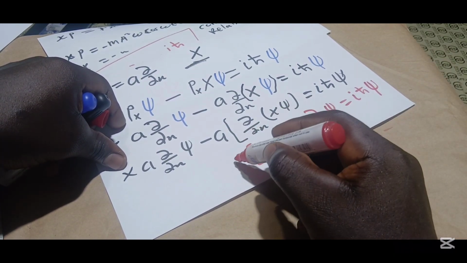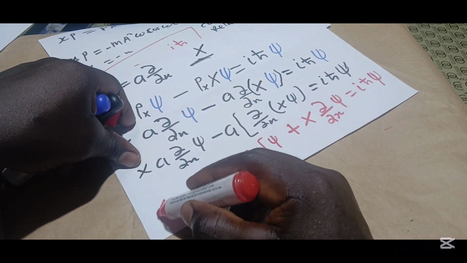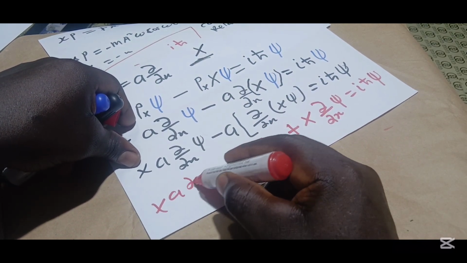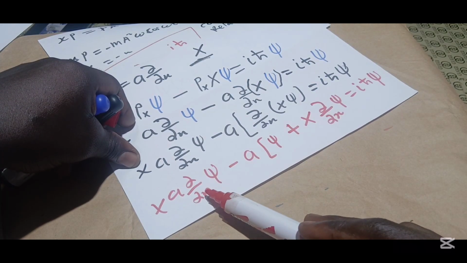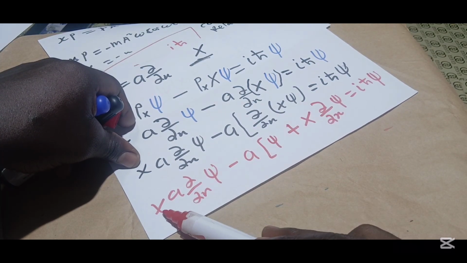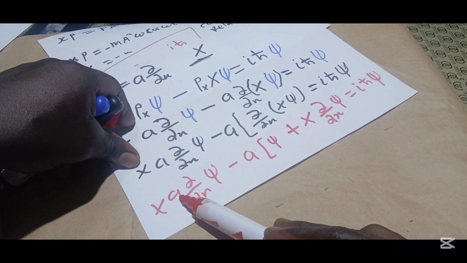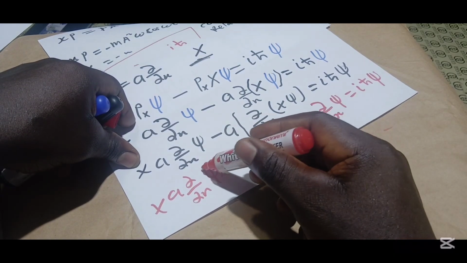Don't forget that we have a here, minus, and we still have x a d/dx of psi. Here, the differentiation sign is only affecting psi, not x and a. Right, we can put this here.